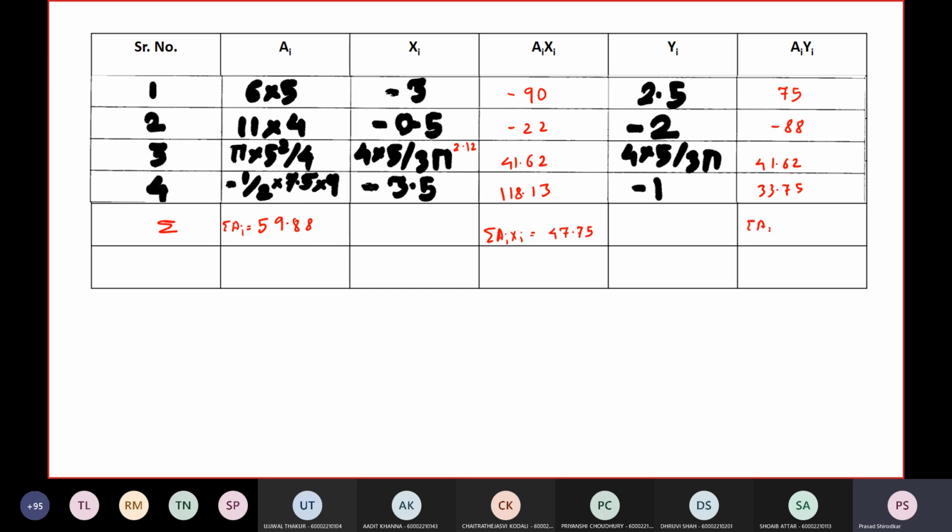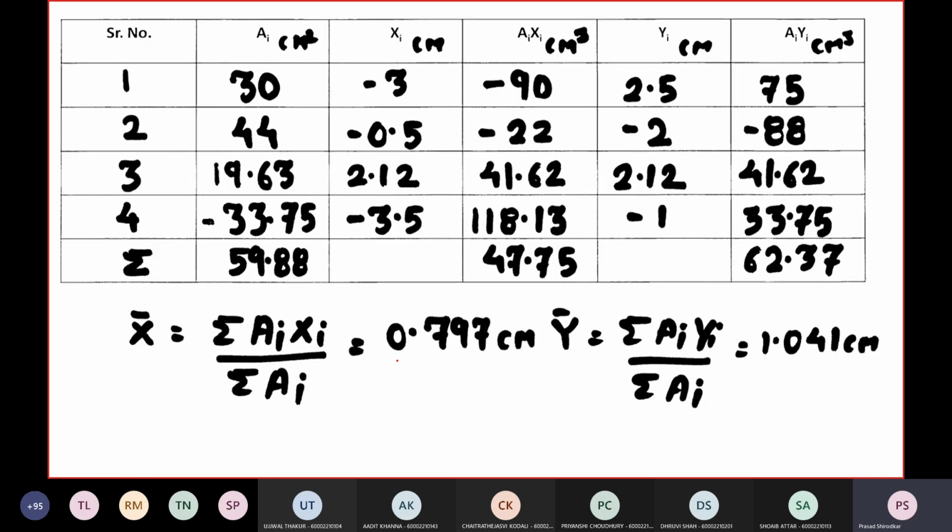Summation Ai is 62.37. x bar is summation Ai xi over summation Ai, and y bar is summation Ai yi over summation Ai. That comes out to be 0.797 centimeter and 1.04 centimeter.